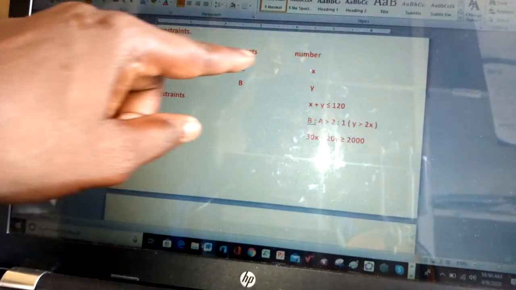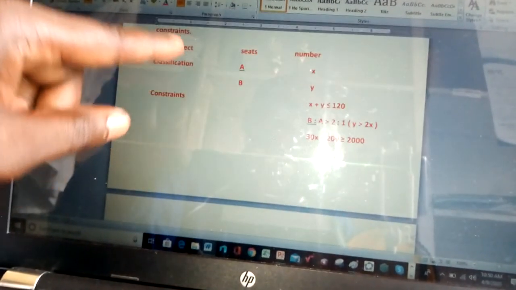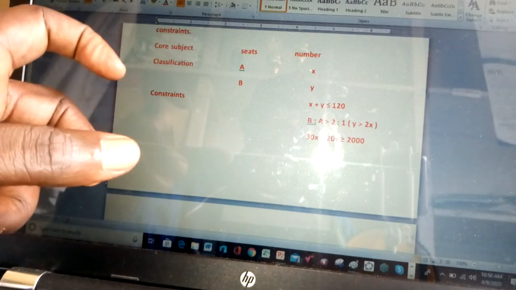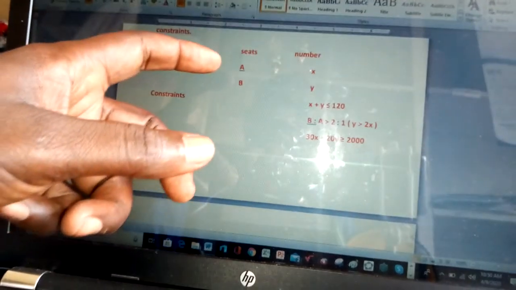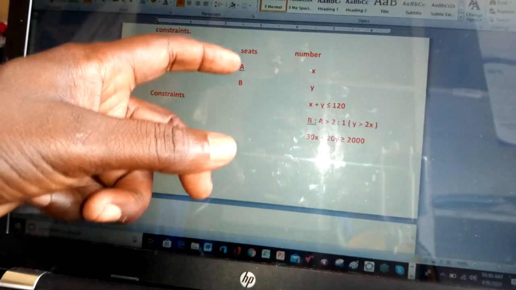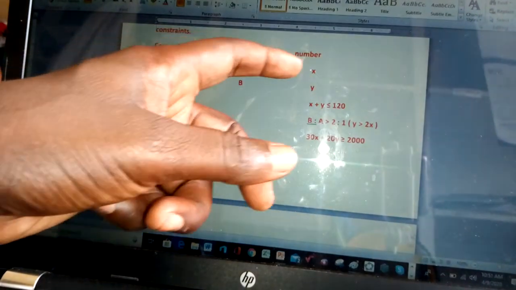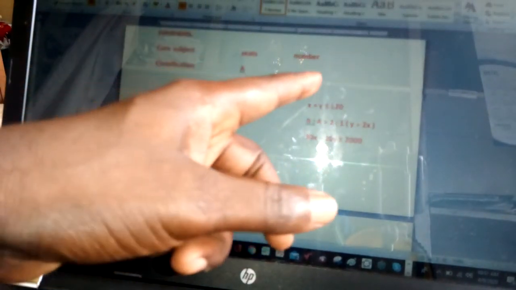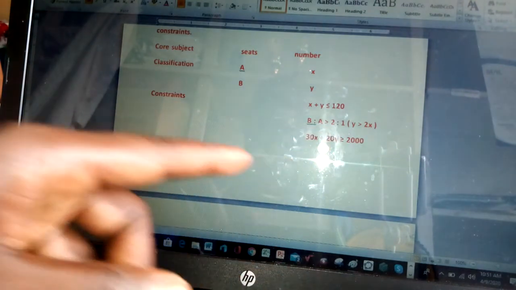What is entailed in the core subject? Okay, this is what is entailed in the core subject. Then you classify the information that is given. It requires classification. Put your classification here. Then the number according to what you are told to take here. Then address the constraints one by one.